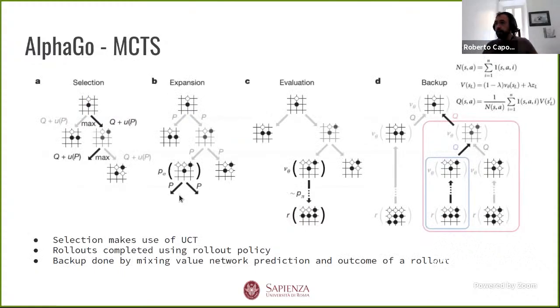And what happens is that the final value of a certain state, which is then used for doing the backup phase, so for computing this Q, we use this V, which is nothing else than a linear combination of the value coming from the function and the outcome coming from the execution of this rollout.